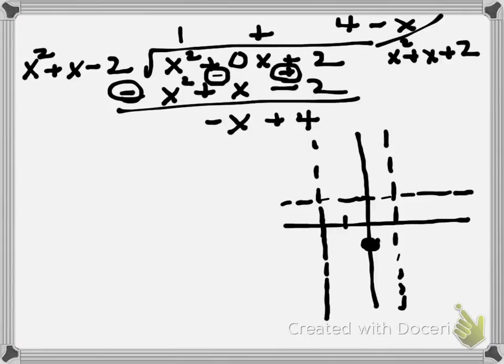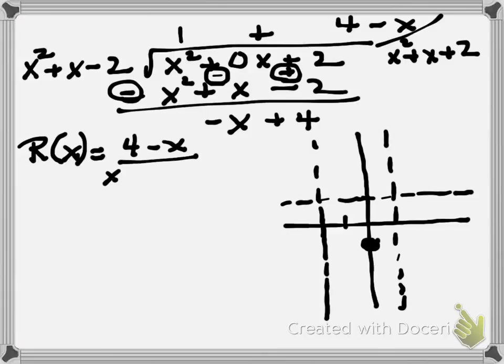So now let's take a look at that remainder that we have. I'm going to call it r of x as the remainder. And we have 4 minus x over, and then we had an x. This was a minus, I'm sorry. So we have an x plus 2 and an x minus 1.